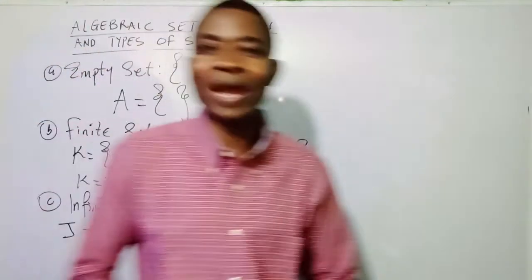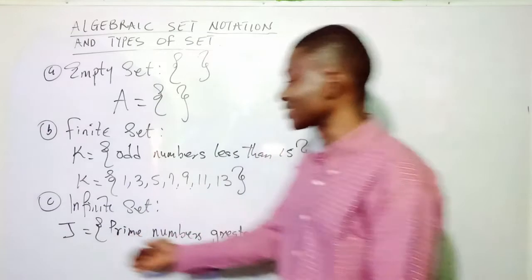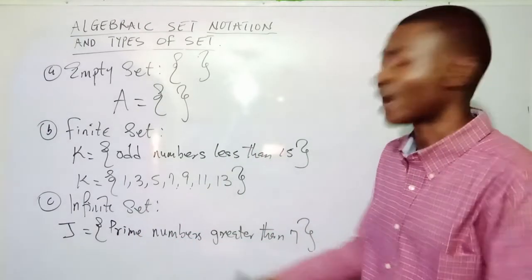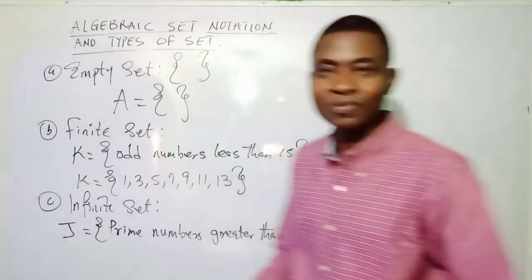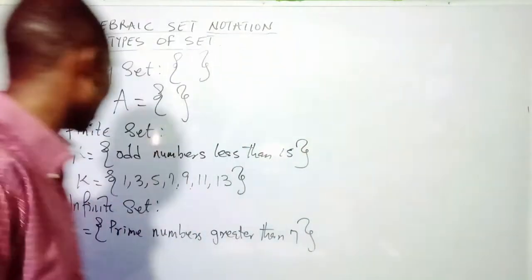Can you list all the prime numbers greater than 7? Of course, it's not possible. Sets like this are referred to as infinite sets, because we cannot list out all the elements.